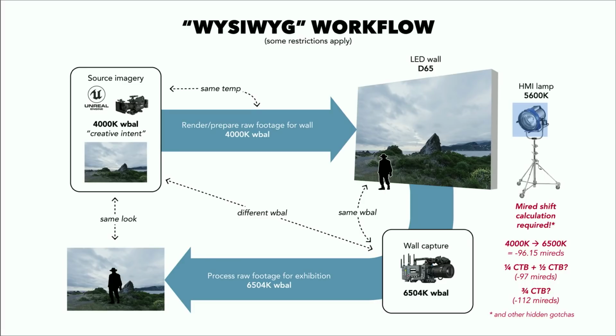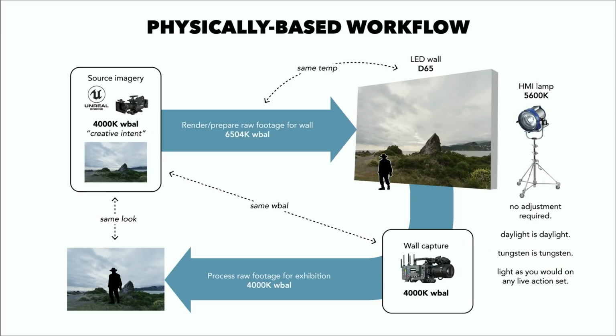By contrast, the other workflow that we use here and that seems to be working very well is the idea that we're not baking that cool blue look, let's say, into the imagery that we're putting on the walls. Instead, we're saying we want to prep that material so that the light that's coming off the LED panels is effectively absolute light, the way that it would have looked if you were actually standing on that location on the day.